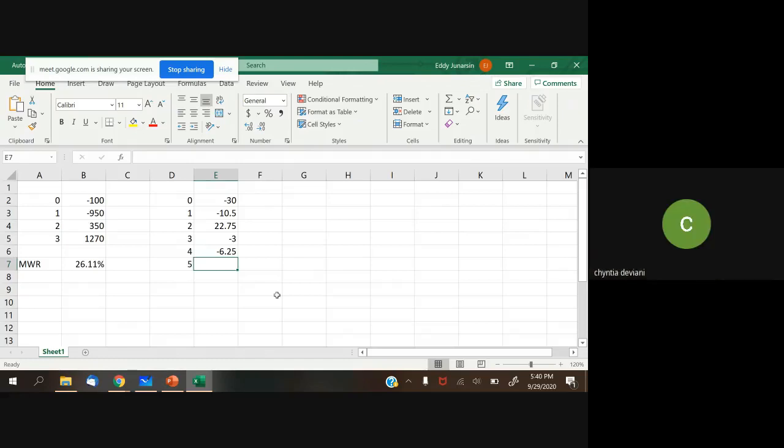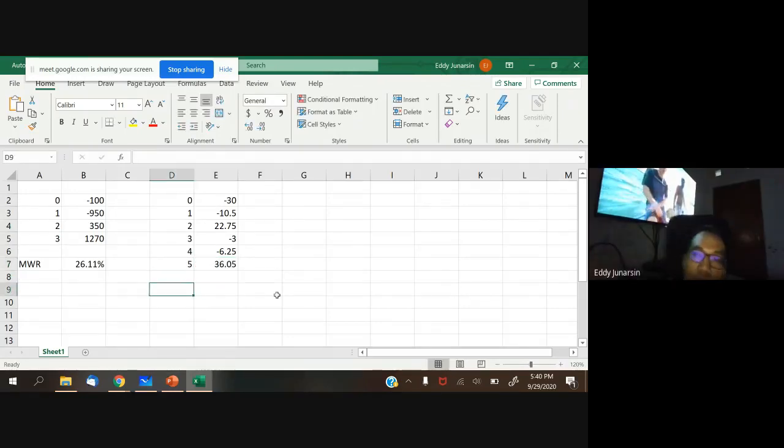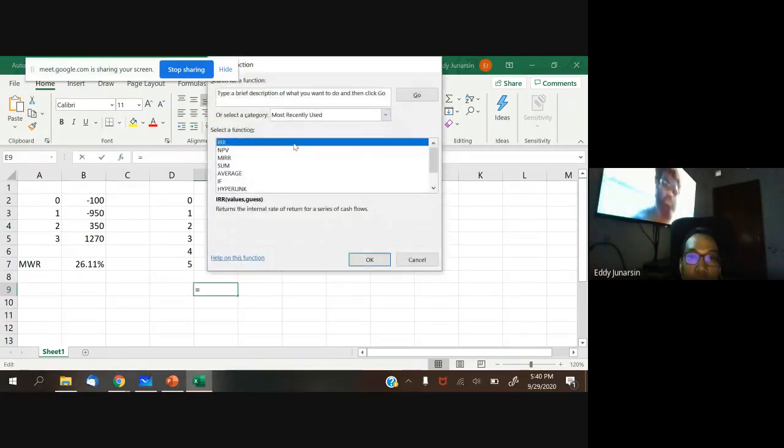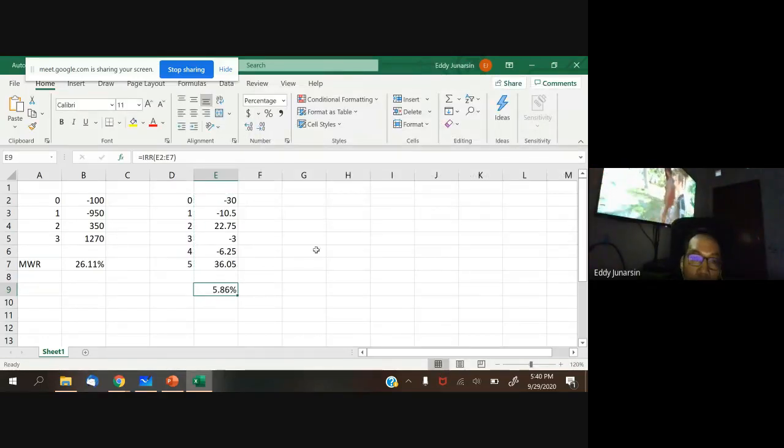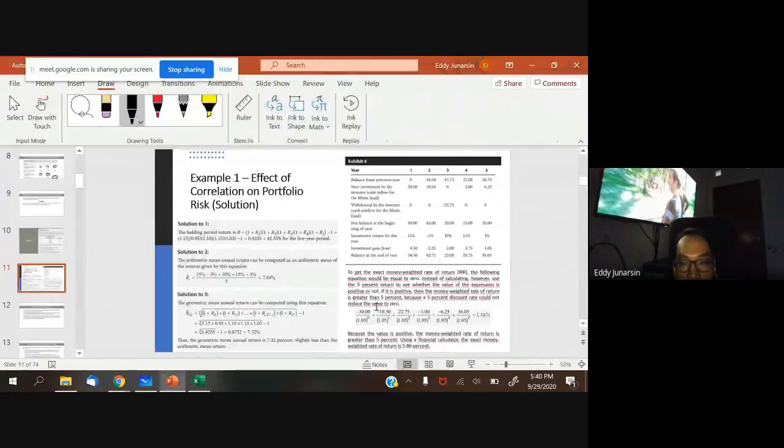And then plus 36.05. Okay, just quickly find the IRR of this. 5.86%, right? 5.86.